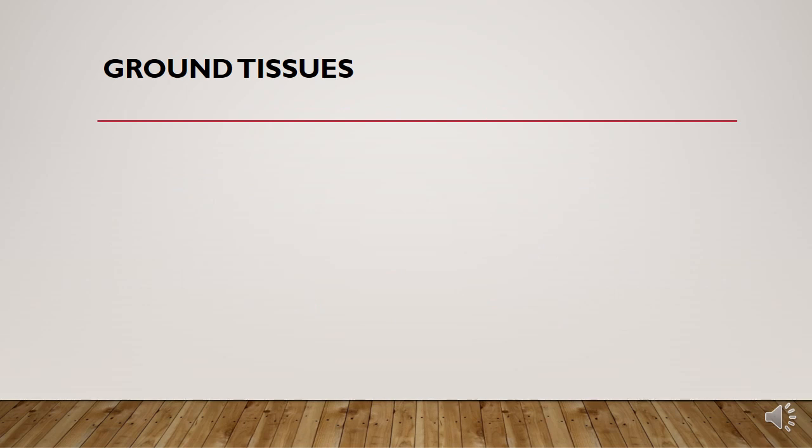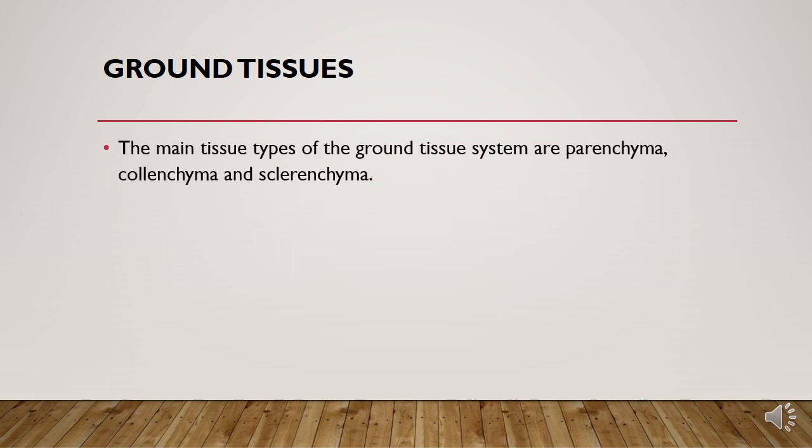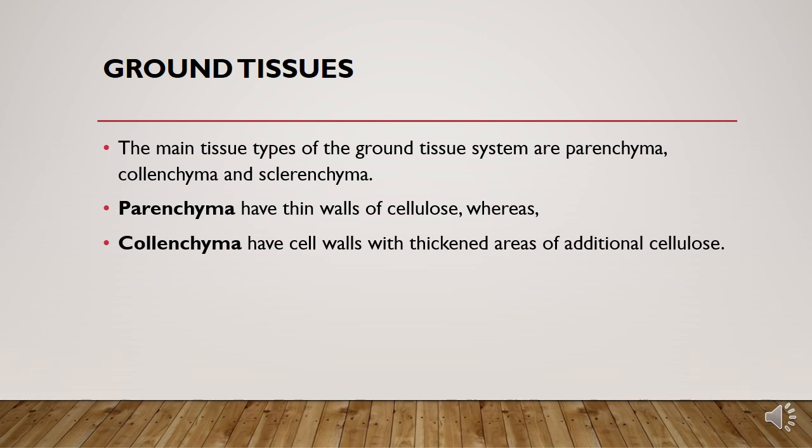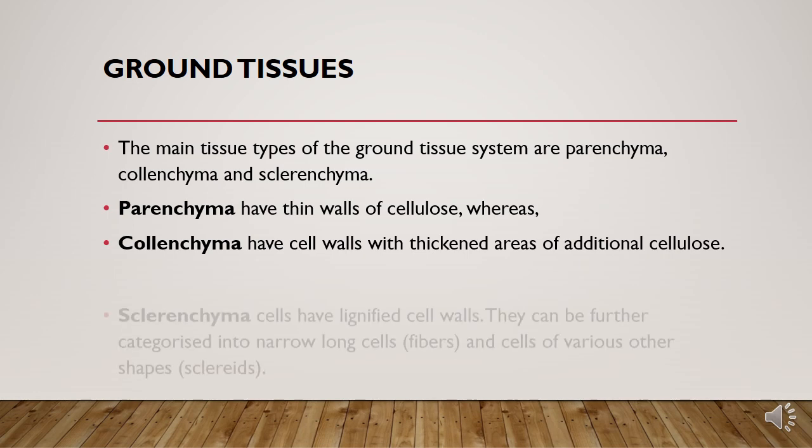Under the ground tissues, what do we have to know? The first thing is that the main tissue types of the ground tissues are the parenchyma, the chlorenchyma, and the sclerenchyma. The parenchyma have thin walls of cellulose, whereas the chlorenchyma have walls with thickened areas of additional cellulose.